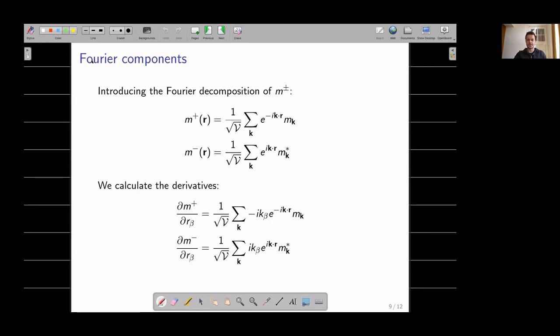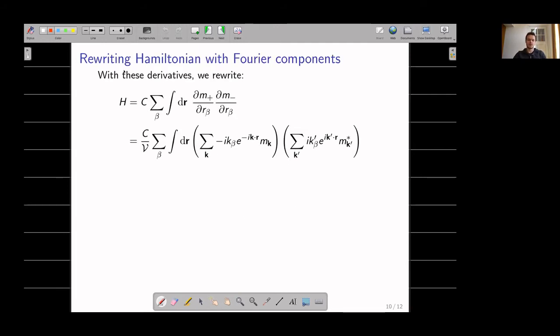We can then easily calculate the derivatives of those two, taking the derivative with respect to a component or a variable r beta is quite easy. There's just k beta, the component beta of the corresponding k vector in those two expressions, with the main difference that there is a sign difference between those two.